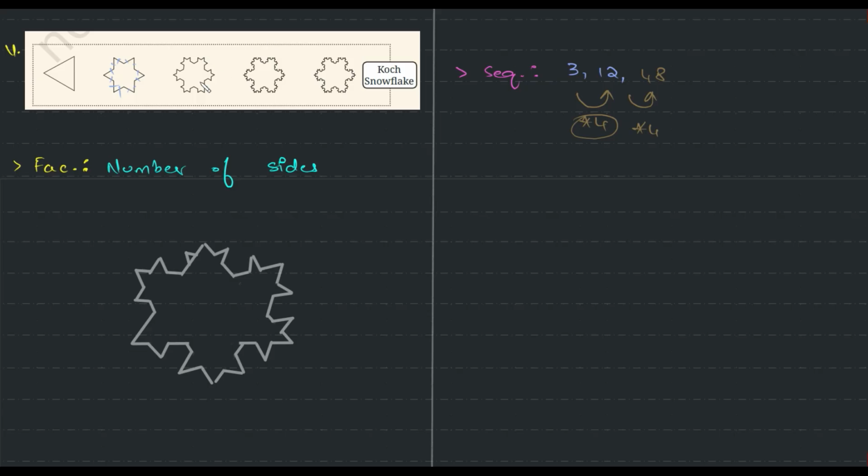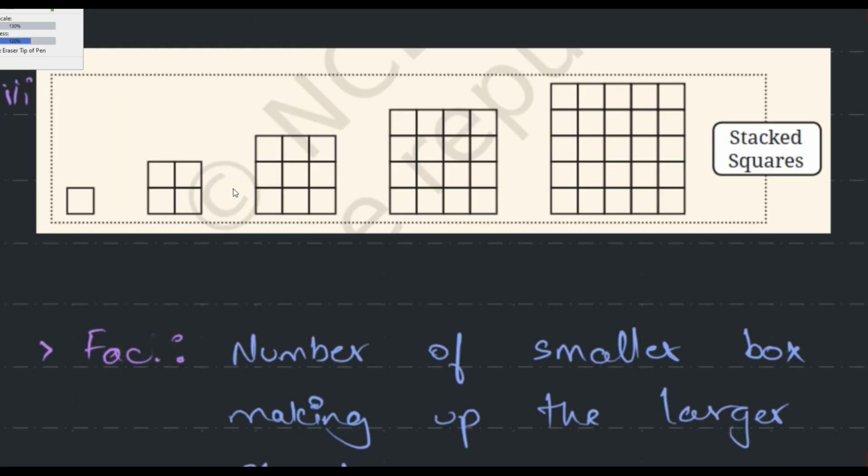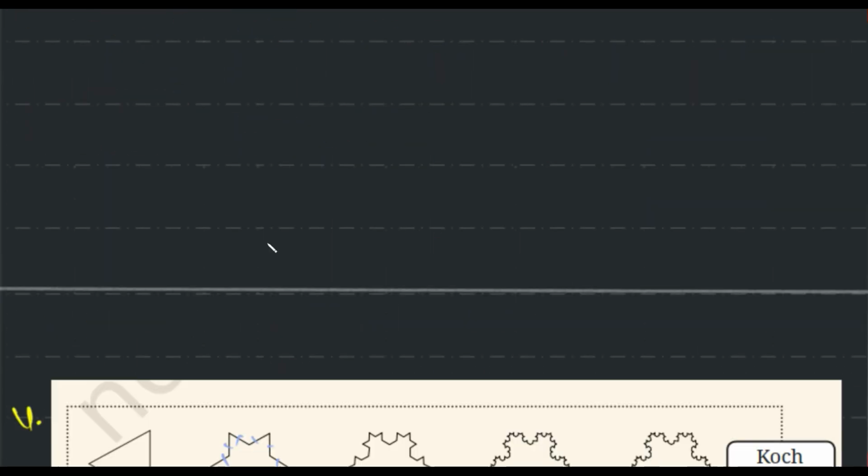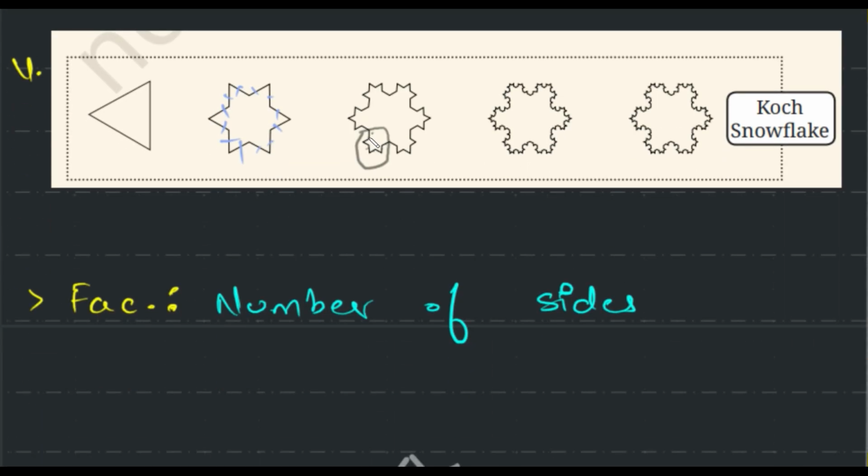It's not going to be easy, but let me actually just consider one small structure. So 1, 2, 3, 4, 5, 6, 7, 8. 6 8s are 48. Yes, we got it right. So what I did was, let me zoom in. It might be small for you guys. Yeah, right. So there is 1, 2, 3, 4, 5, 6, 7, 8.